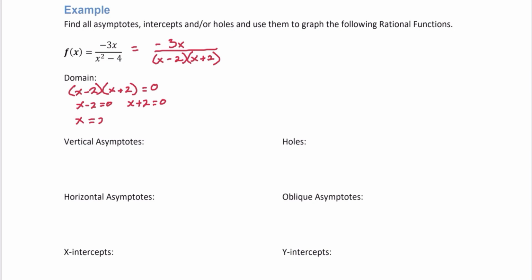We get x equals 2 and x equals -2. And these are actually restricted values, so we're going to say not equal to. Using interval notation, the domain would then be -infinity to -2, union -2 to +2, union 2 to infinity.